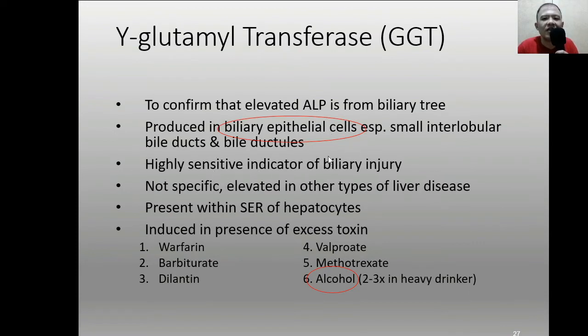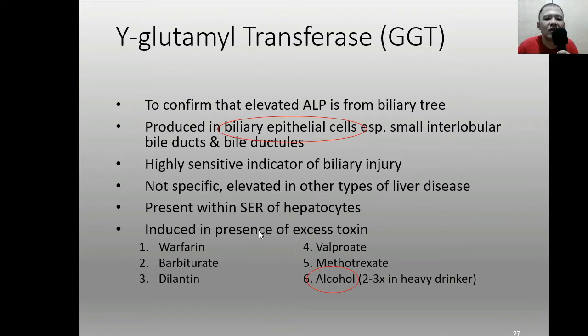So the higher the GGT, that will tell us that it may be secondary to, first, an obstruction. Second is when there is a presence of toxin.